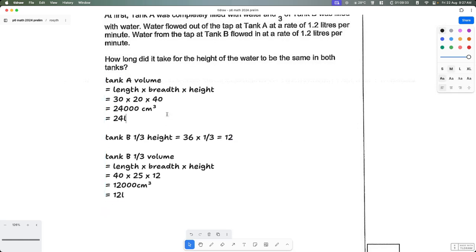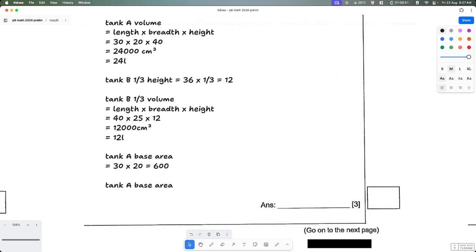So tank A base area is equal to 30 times 20, which is 600. And then tank B base area is 40 times 25.